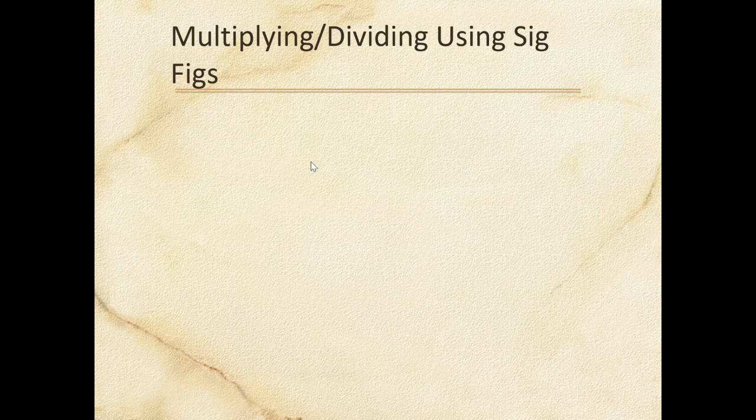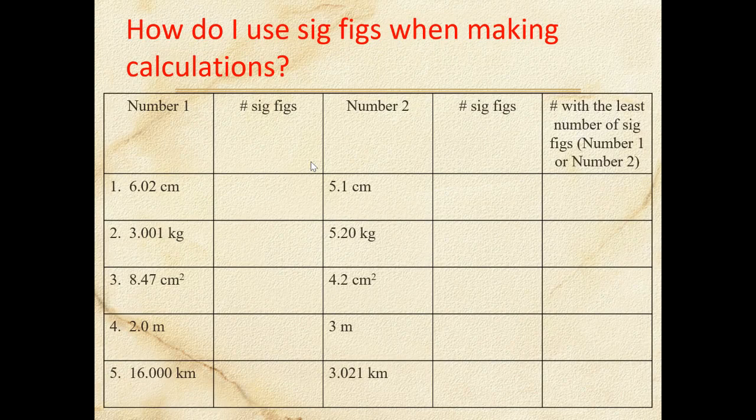Multiplying and dividing using sig figs. How do I use sig figs when making my calculations? So number one, how many sig figs are in number one? There are 3 sig figs in number one. There are only 2 sig figs in number two.